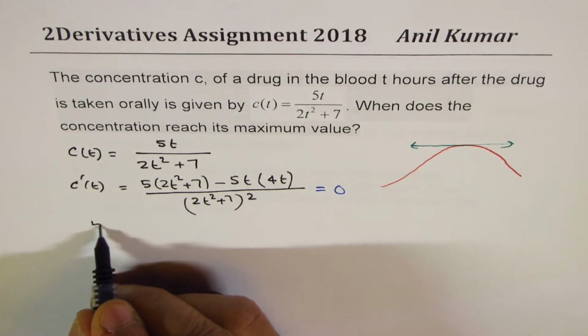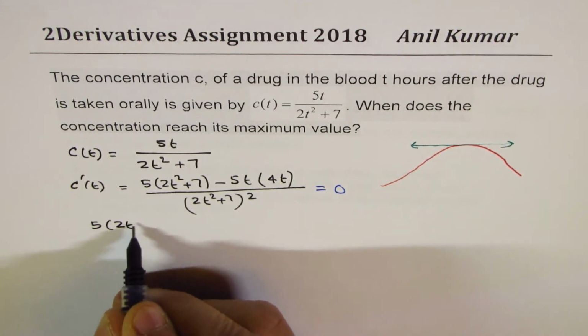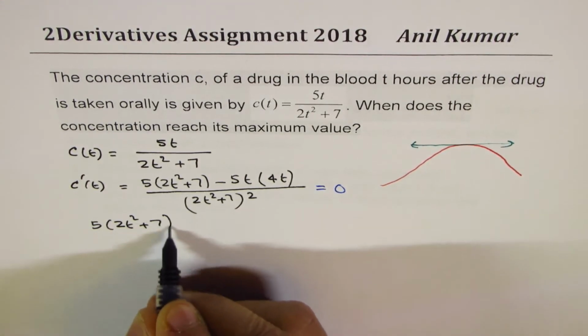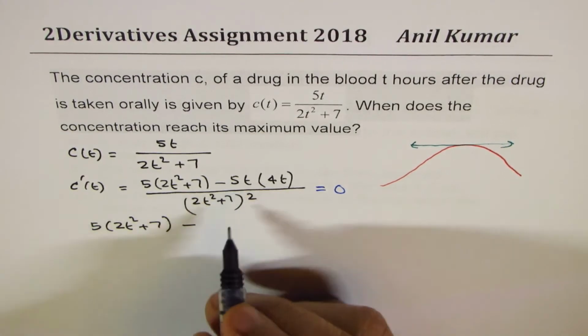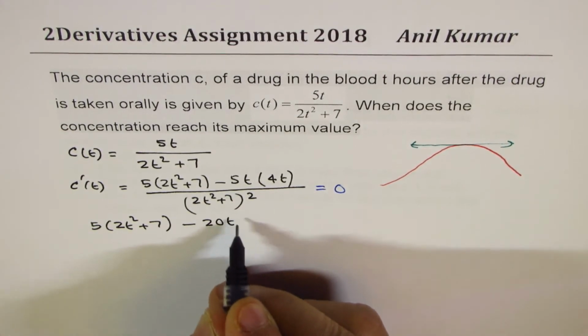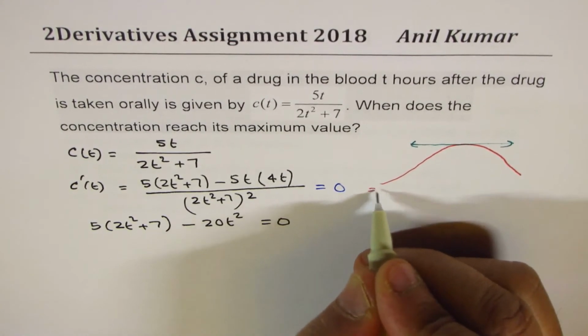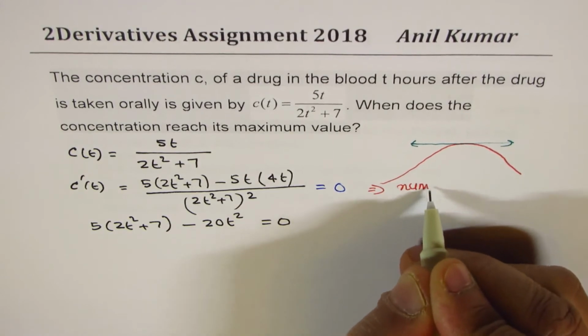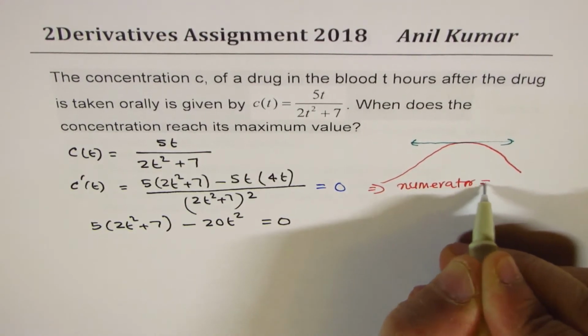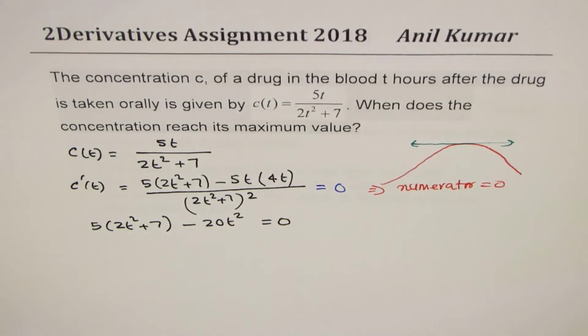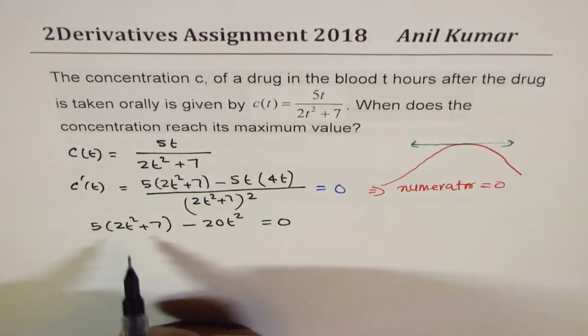So that means that 5 times 2t squared plus 7 minus, when you multiply this, you get 20t squared, should be equal to 0. Is that okay? So that means the numerator is 0, right? So this means numerator should be 0. Perfect. So it's a question of solving for t. Let's open the bracket.